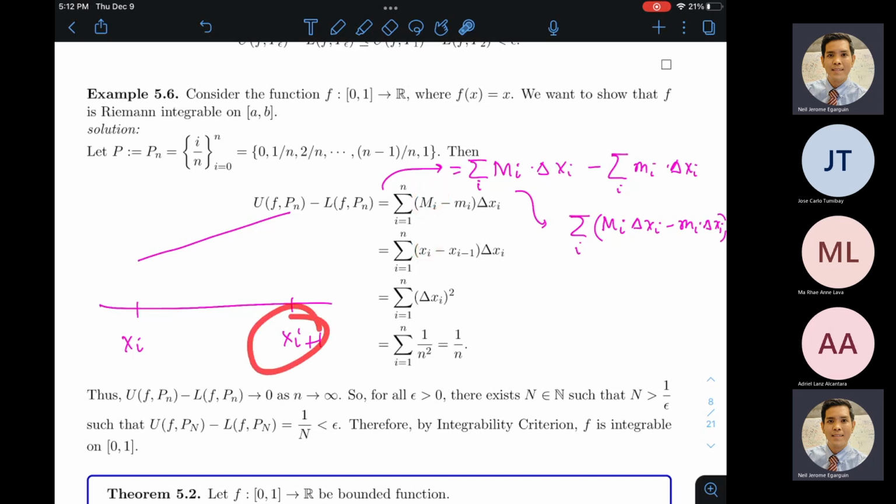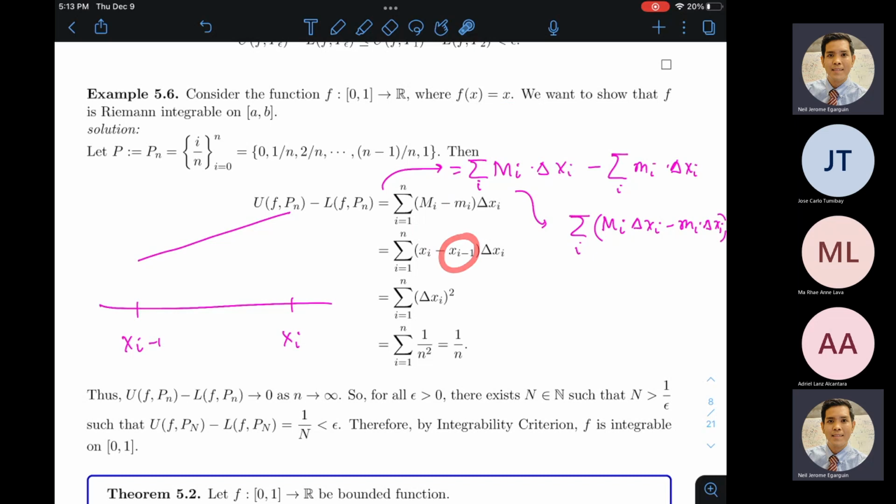Function value siya sa kanan. That pa lang ginawa ko ay x sub i minus 1 versus x sub i, alright? Function value sa kanan, pero ang function value sa kanan ay f of x sub i, which is x sub i. So that's how you got that substitution. And then the infimum, m sub i, is the function value at x sub i minus 1, but our function is the identity function, alright?